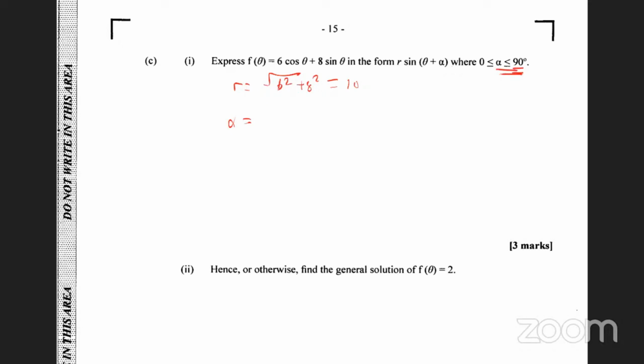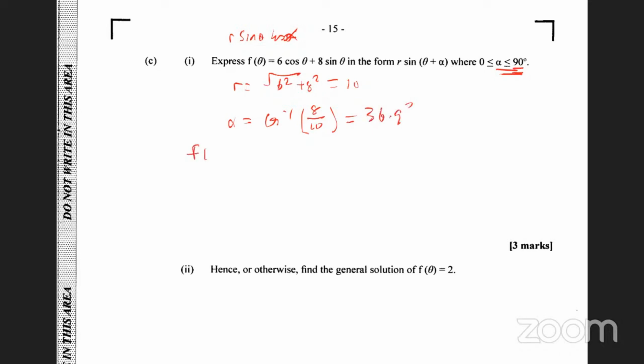So alpha will be, when you expand it, you'll get r sine theta cos alpha. So you're going to get alpha is cos inverse 8 over 10. How much was that? 36.9. Okay, nice.